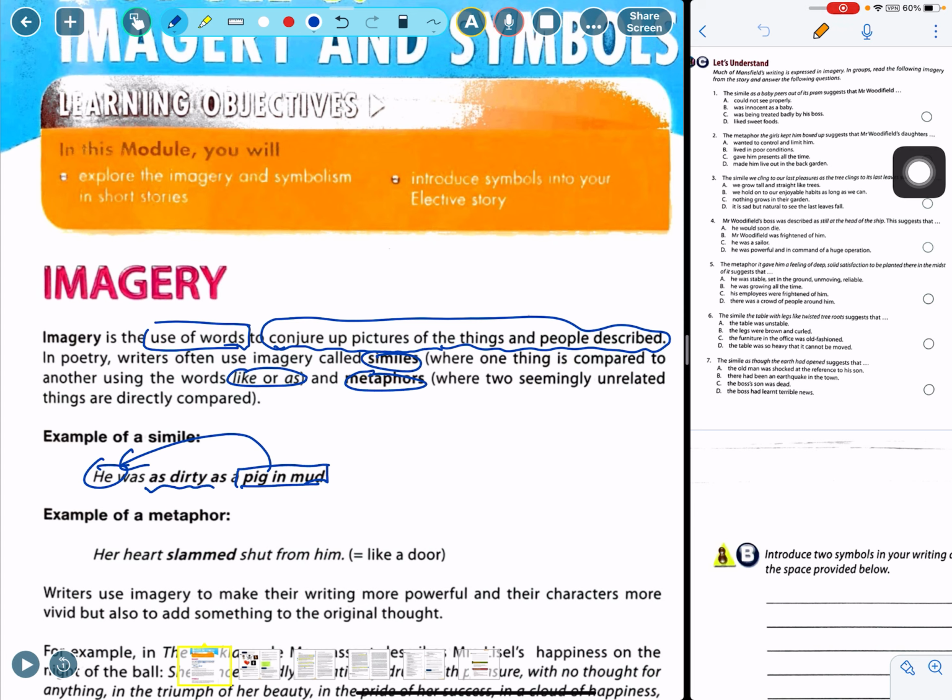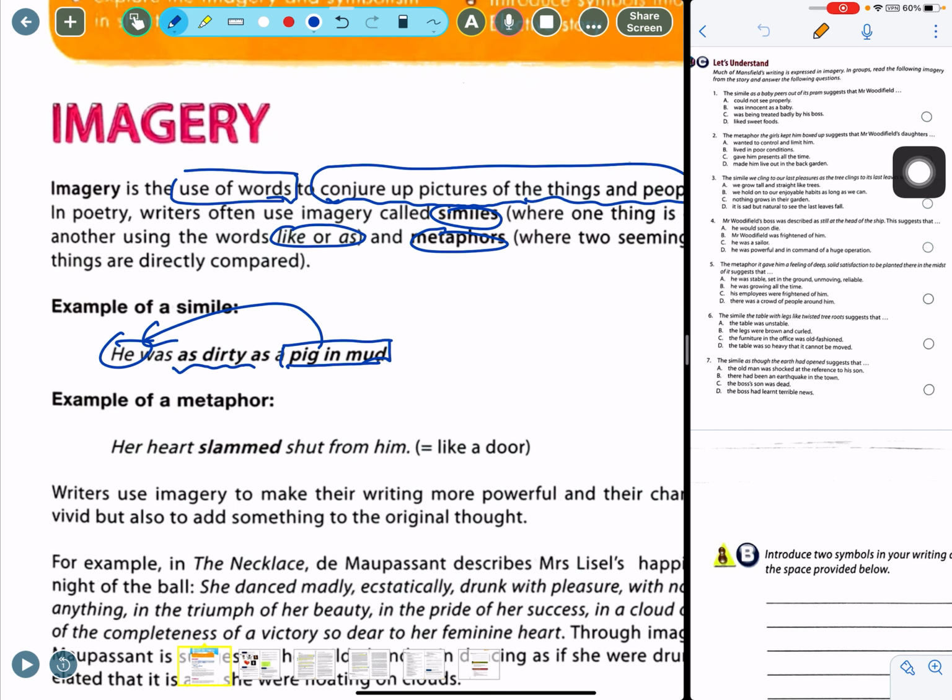Okay, and also in terms of metaphor, directly comparing two seemingly unrelated things. So it's like this: her heart slammed shut from him. Slam, you use it with a door, right? Slam the door. When do you slam your door shut?